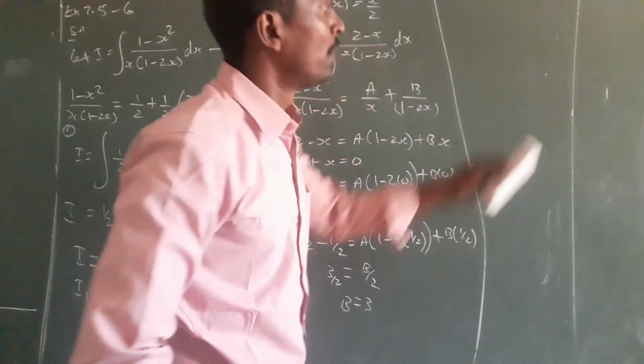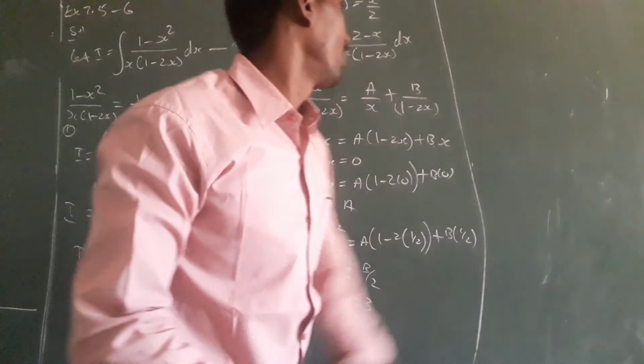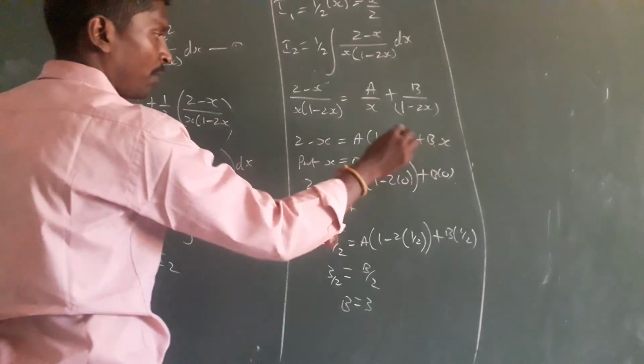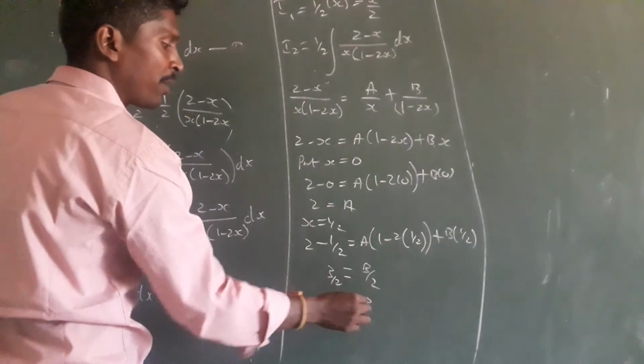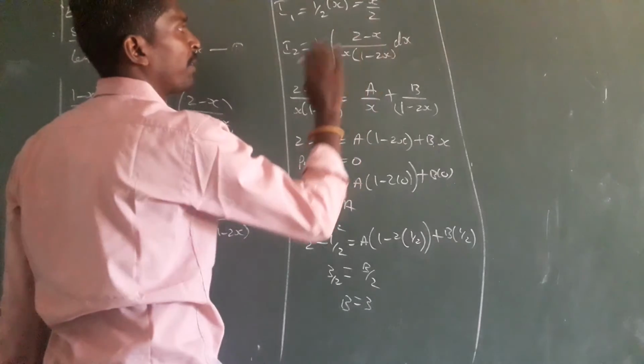Now we can substitute these values instead of a and b. a equal to 2, b equal to 3. So the same term you can write like that.